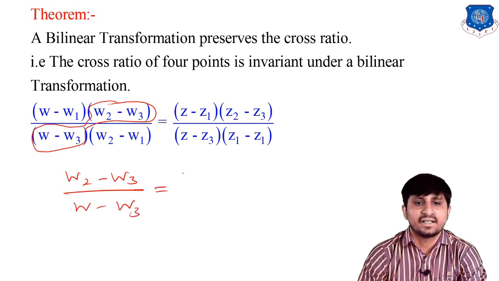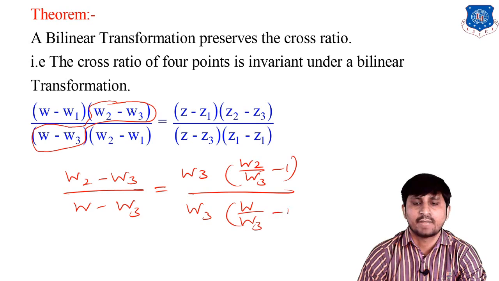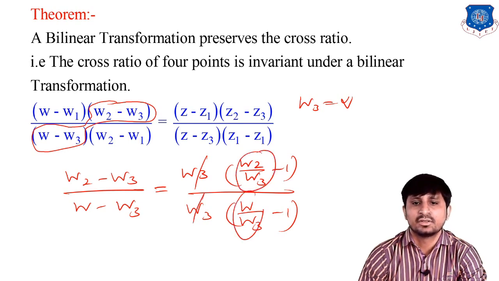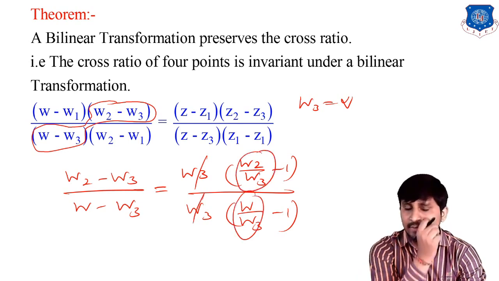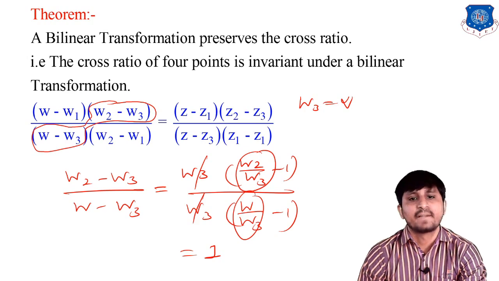When we take W3 common, here we have W2 upon W3 minus 1, and W upon W3 minus 1. Because W3 is equal to infinite, W2 upon W3 and W upon W3 become 0, so minus 1 upon minus 1, that is equal to 1. Clear?